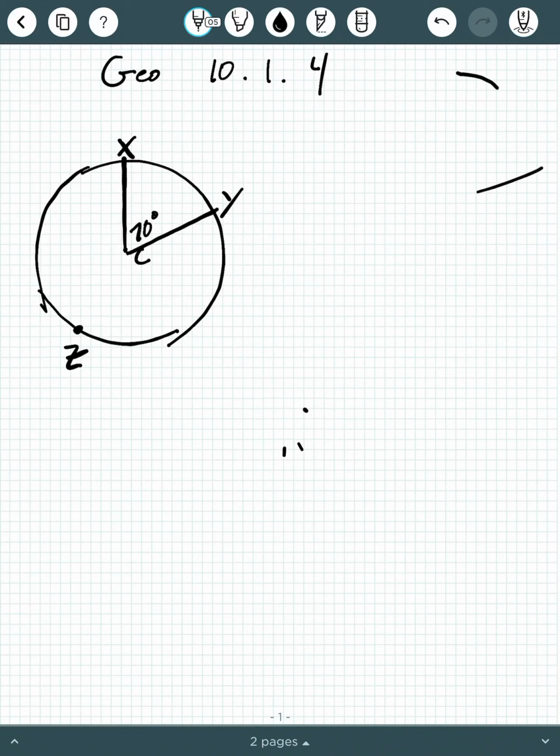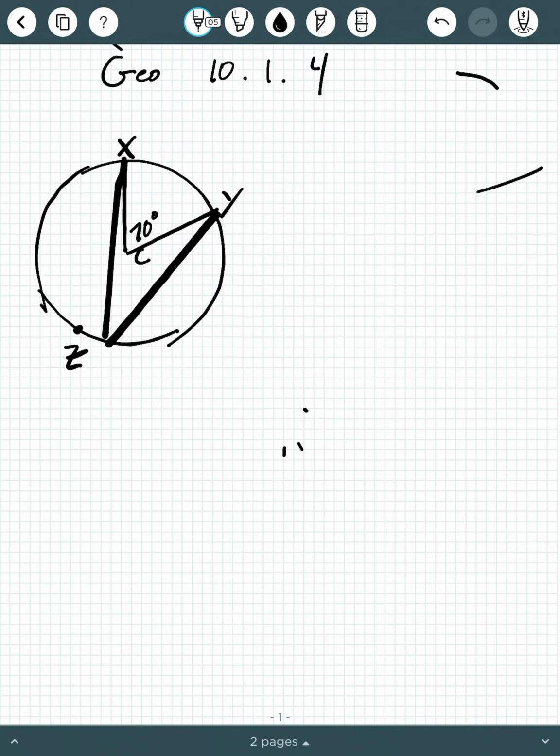Another thing we ran into was, well, instead of having our angle opening up from the center, it's possible to have an inscribed angle, which means that its vertex touches the outside of the circle, and it's opening to that same arc XY. The difference here will be in the measure.